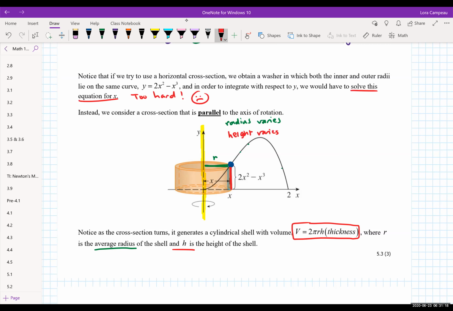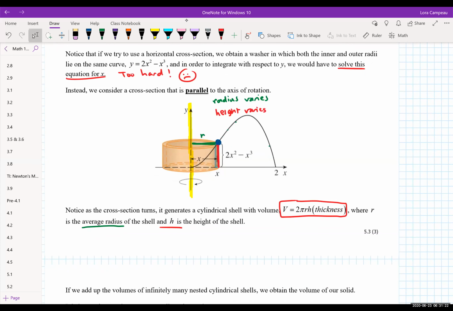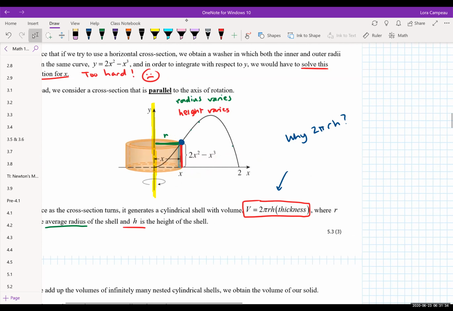And if you want to know why this is the case, why it is not the same as the washer, I can give you a little bit of a why. What you're actually making is not really a 3D solid, as we did when we made the washers.